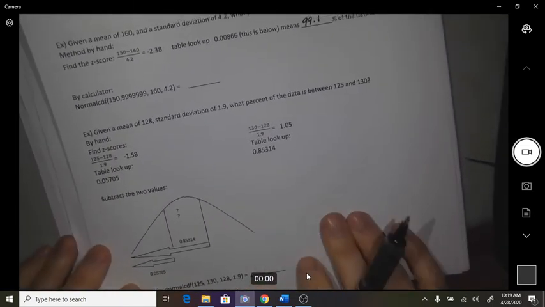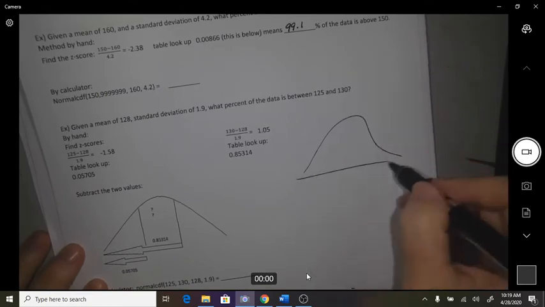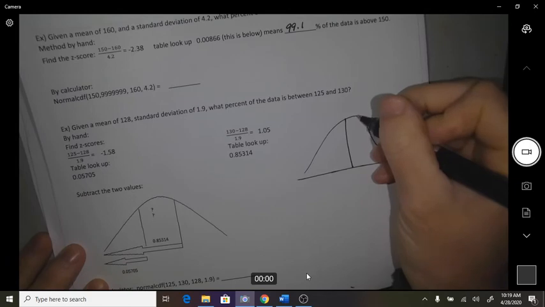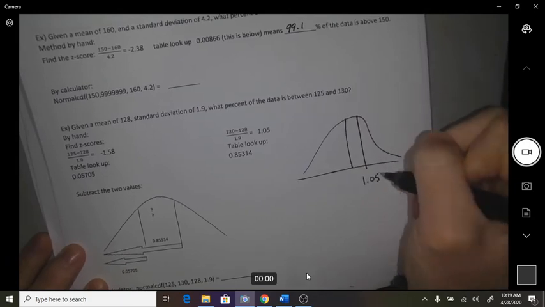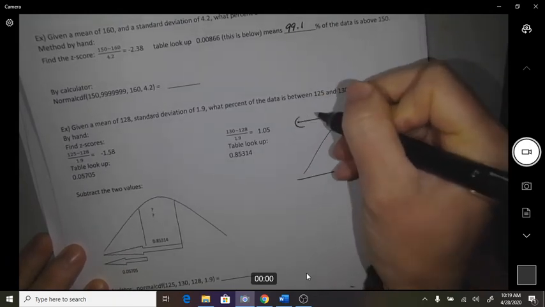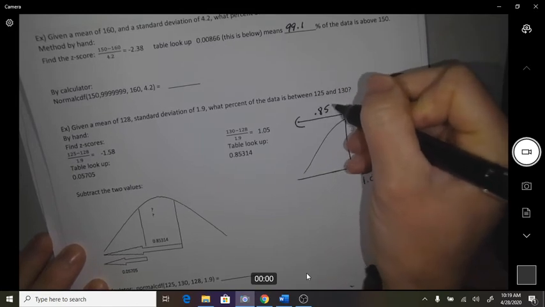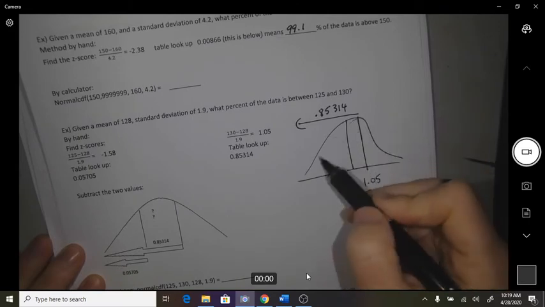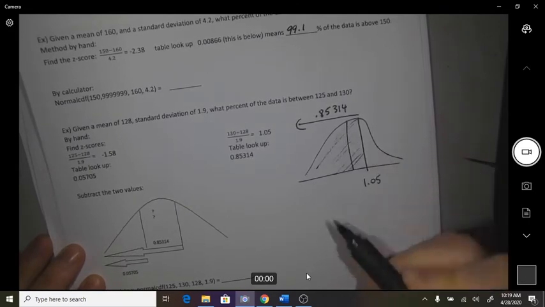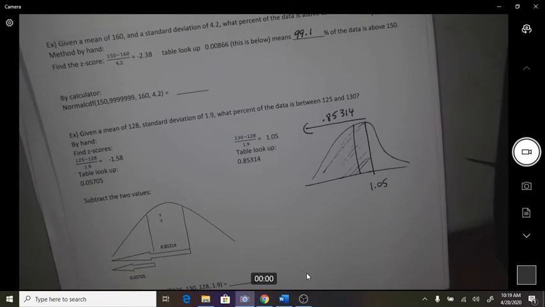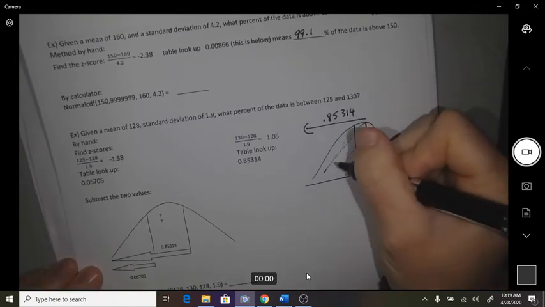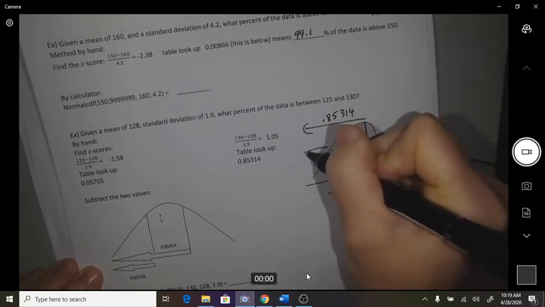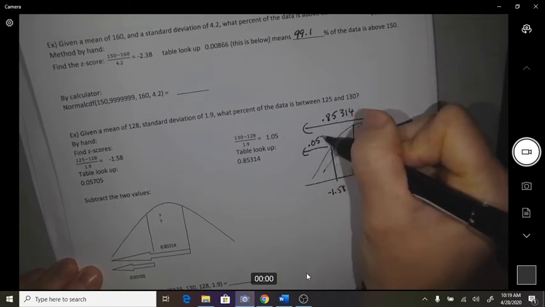Okay, so I have those. So now it means, so here's your mean. So it means that at a z-score of 1.05, 85% is below you. Okay, and at negative 1.58, the percent below you.